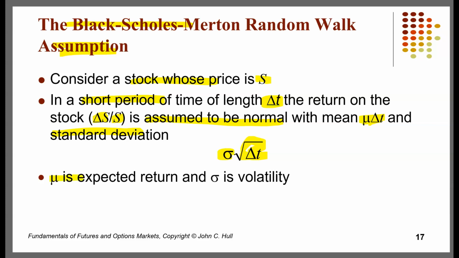Here, mu is the expected rate of return on the stock and sigma is the volatility of the stock.